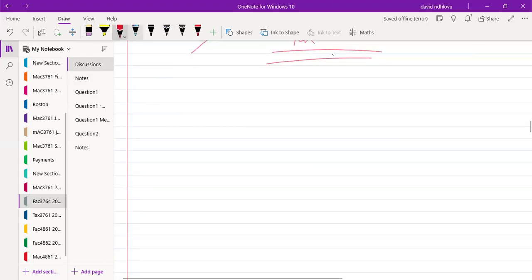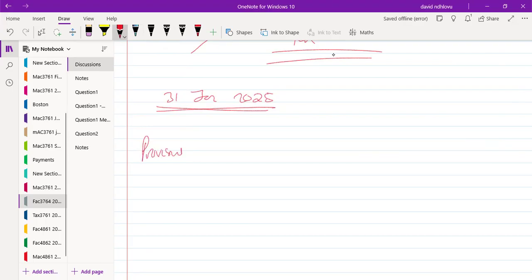Right, let's say my year is ending on 31 January of the year 2025. This is my year. However, I'm a provisional taxpayer, and I'm expected to pay on, say, 30 June, and also on 31 January.